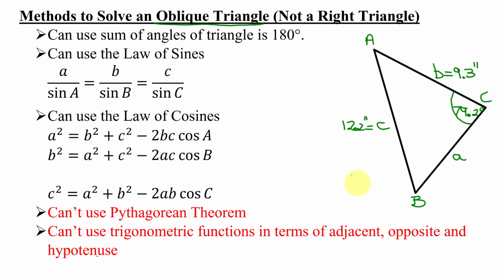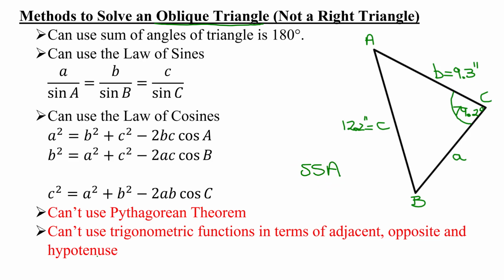So looking at the information I'm given, two sides and an angle, but the angle is not the included angle. Angle A is the angle included between sides C and B. So this is two sides and the non-included angle that we write SSA.